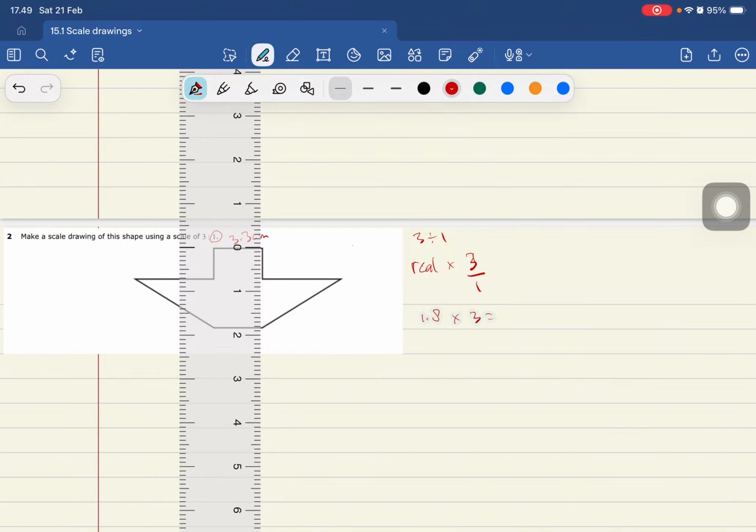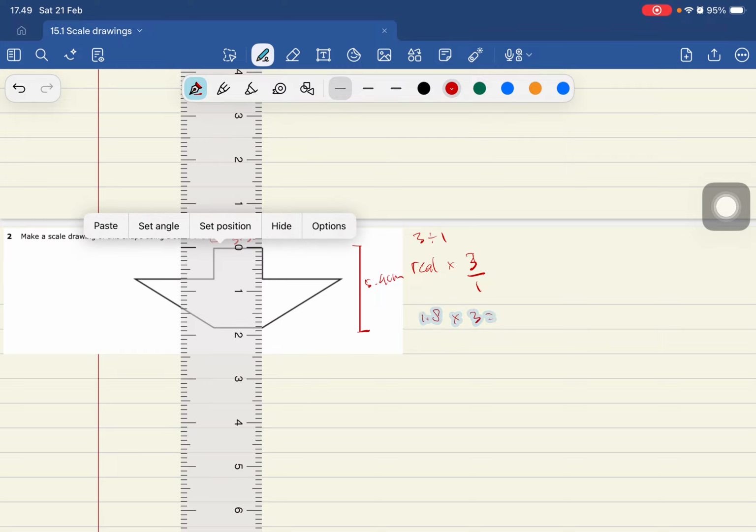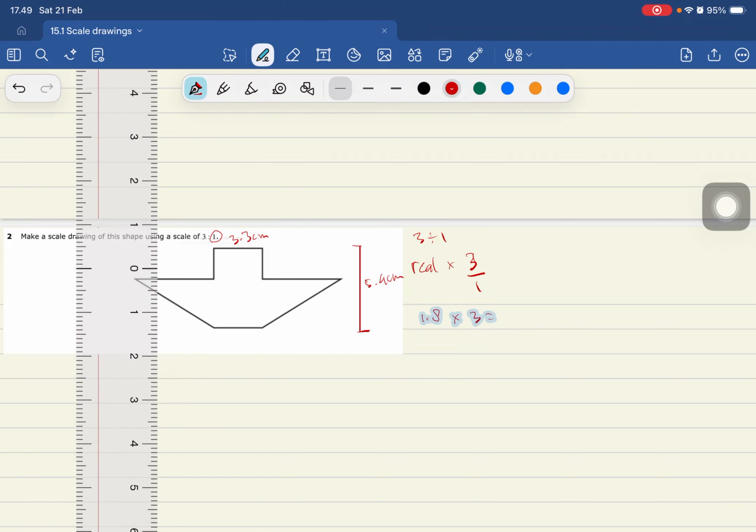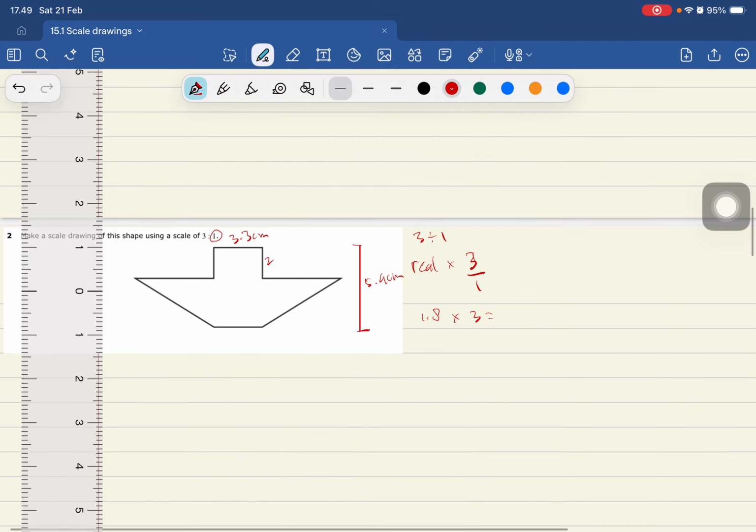So let's draw it here. If this is 1.8, it's going to be 5.4, not negative. So this is 5.4 centimeter. This one is 0.7. If this is 0.7, we multiply it by 3, so it's going to be 2.1 centimeter.